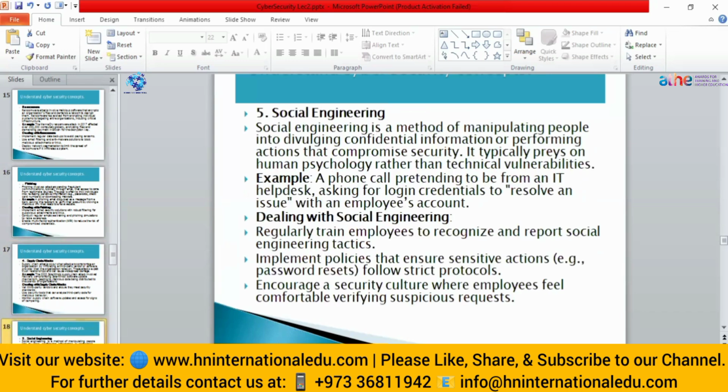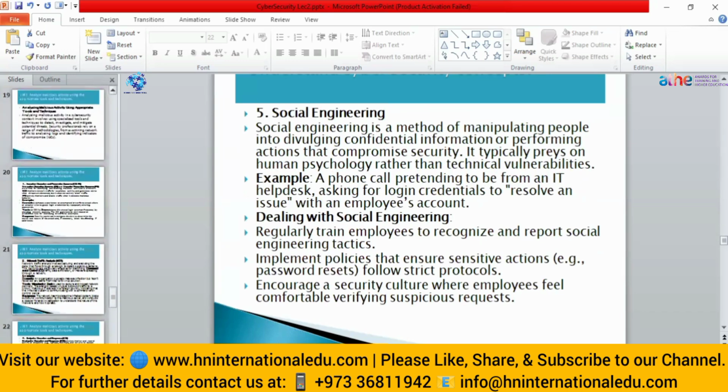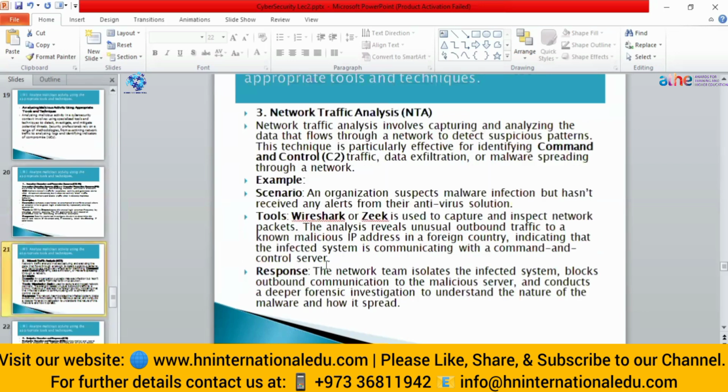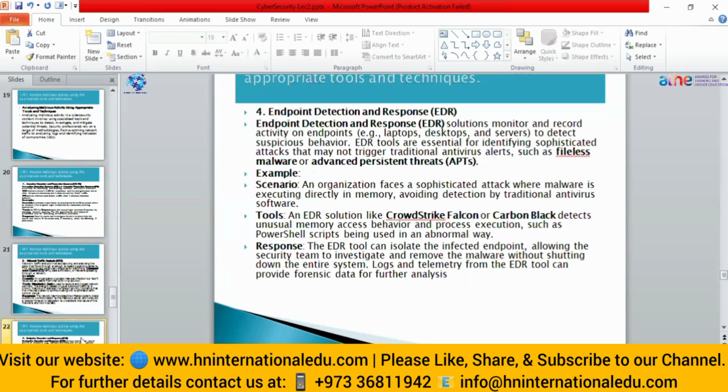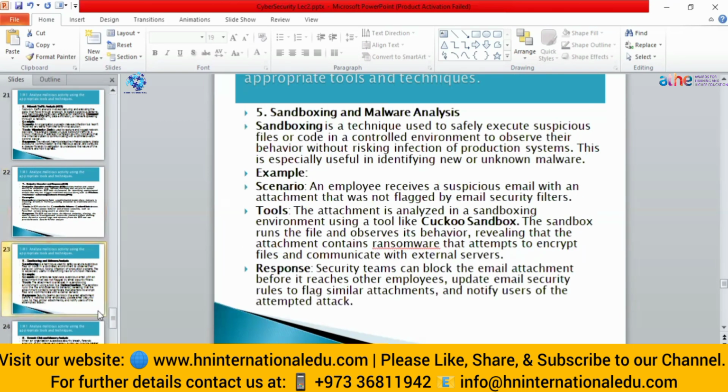My vision is to expand your knowledge in cybersecurity. Here in the slides we have discussed Wireshark and others, and how they are used to identify threats. You can just go on Google and search about them. You can view these tools, what their purpose is, and when and how they will be used.